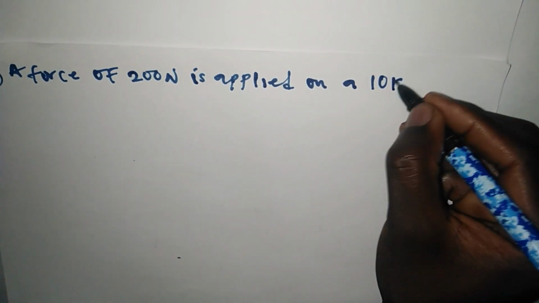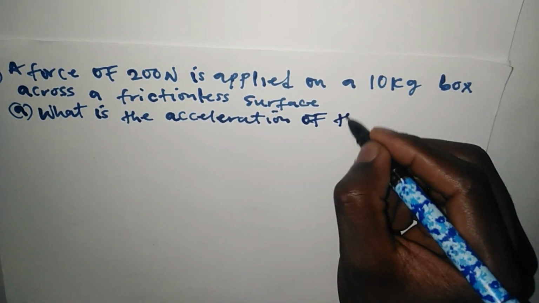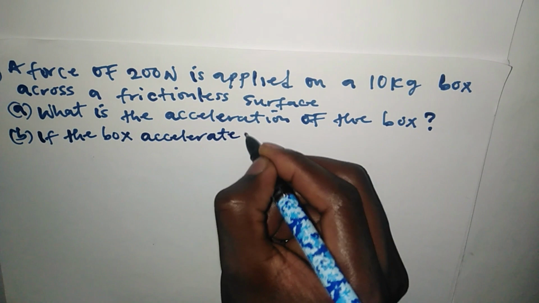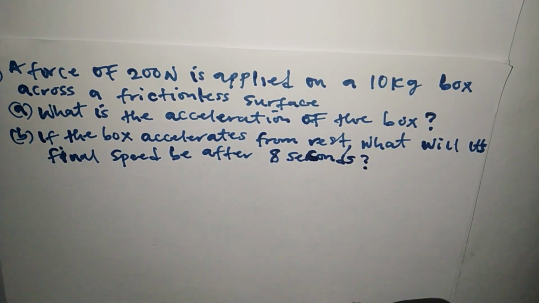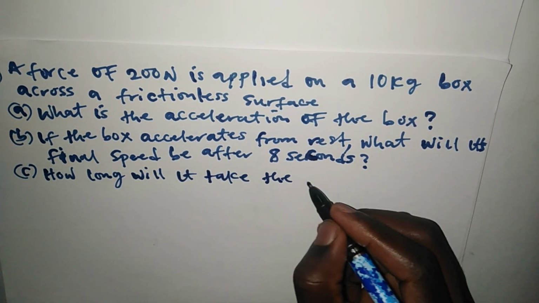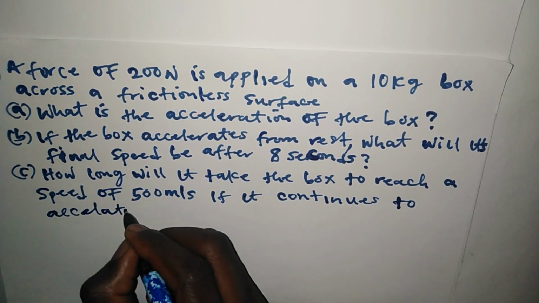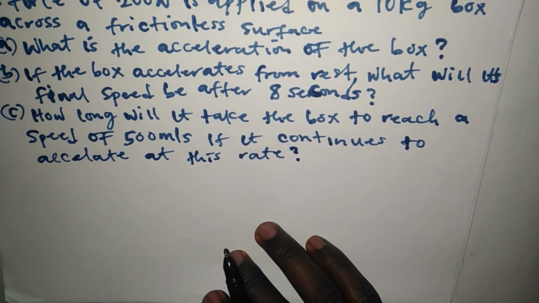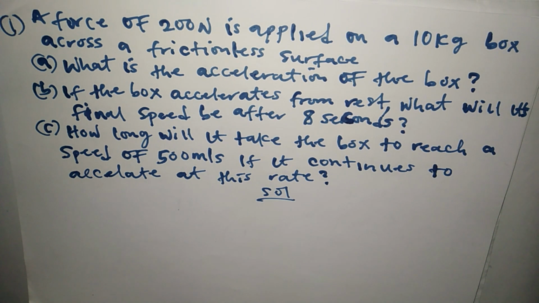So here's our first question. The question says, a force of 200 Newton is applied on a 10 kg box across a frictionless surface.